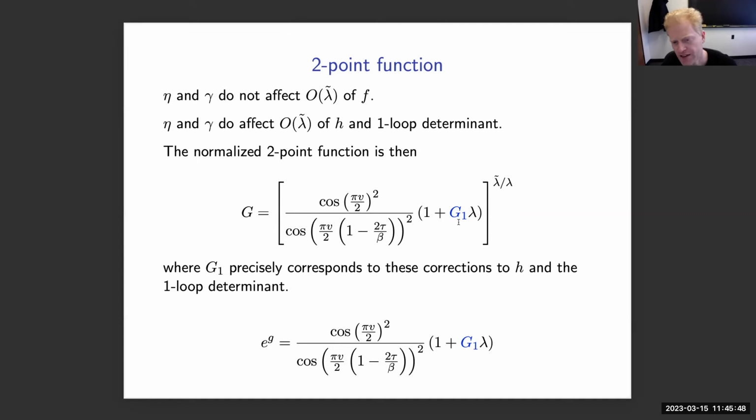Then something that is a small correction in lambda to this leading order large P result will, when we take this power lambda tilde over lambda, become a small lambda tilde correction. So that's why this small lambda tilde correction gets translated to this small lambda correction. If you have any questions, please ask, but that's just to emphasize why there is a small subtlety here and how we get small lambda corrections to this result.